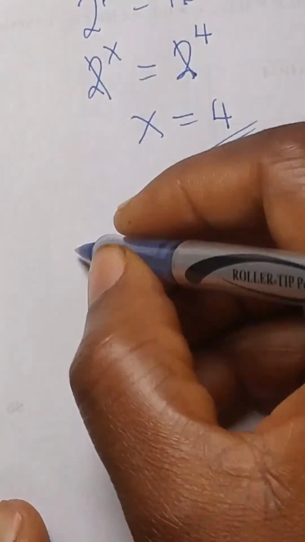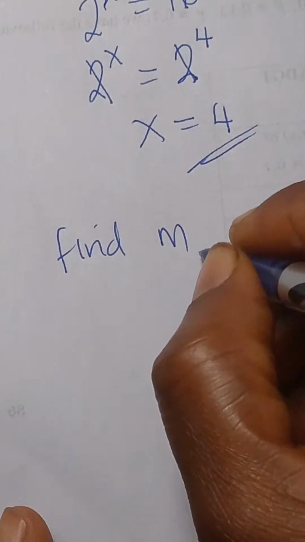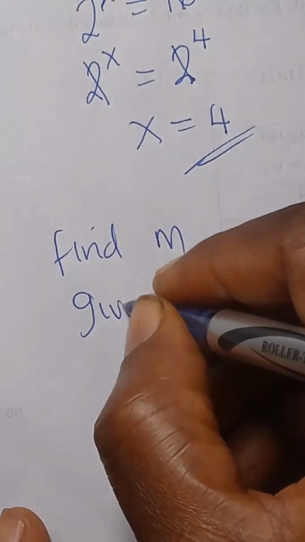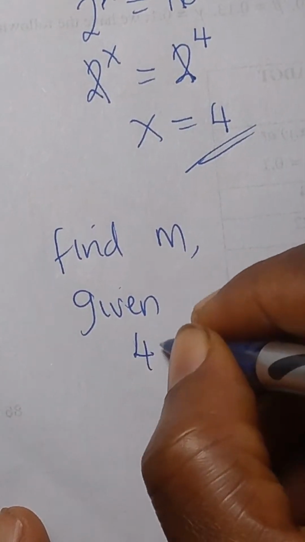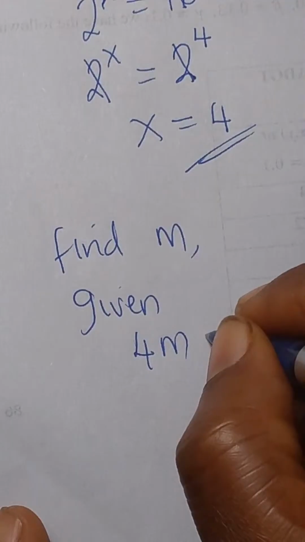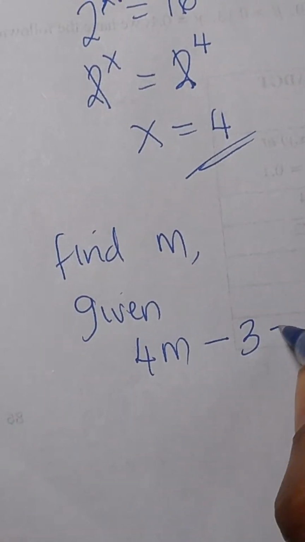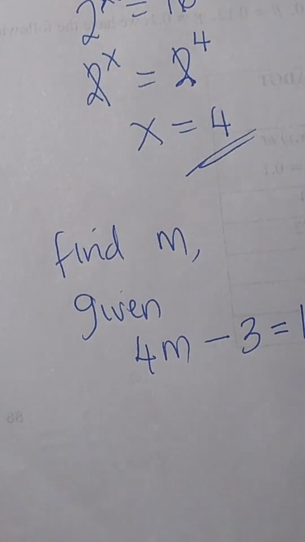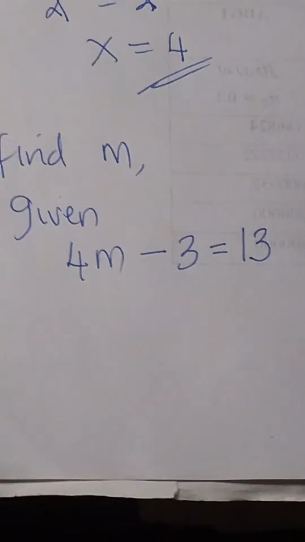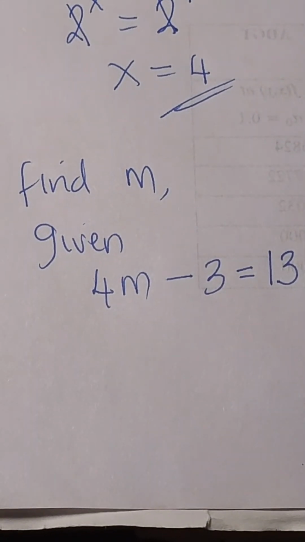All right, so we are given: find M given 4M minus 3 is equal to 13. Find M given 4M minus 3 equal to 13.